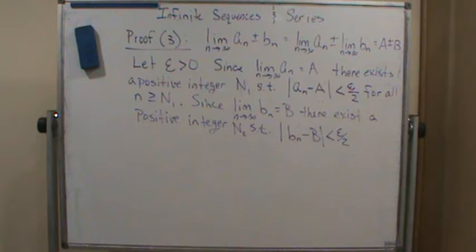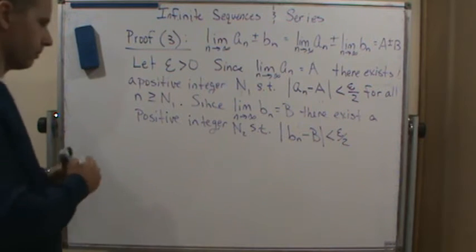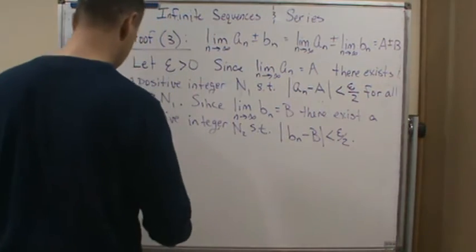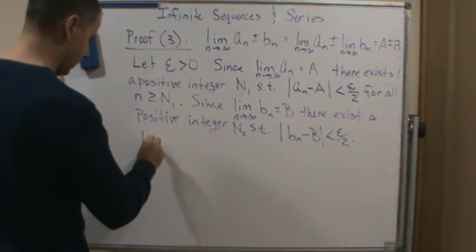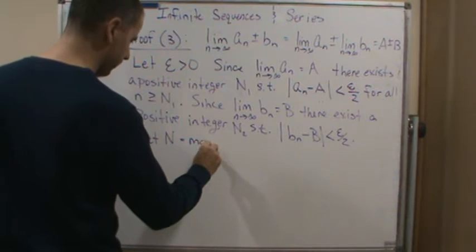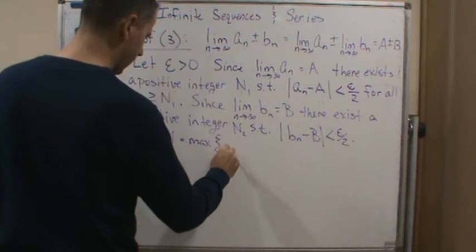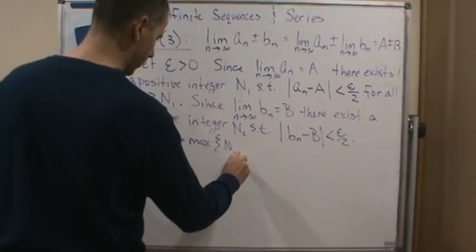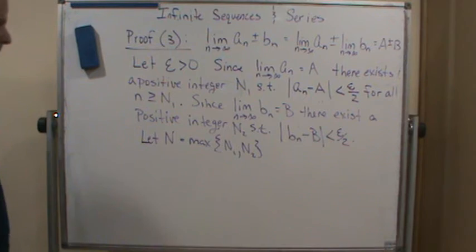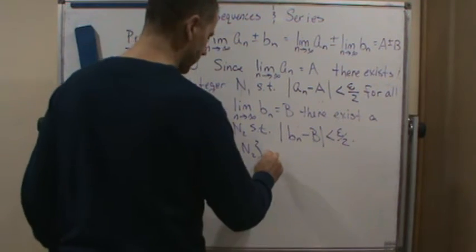Now, one last thing. Let n equal the maximum of n1, n2. So what does that mean?